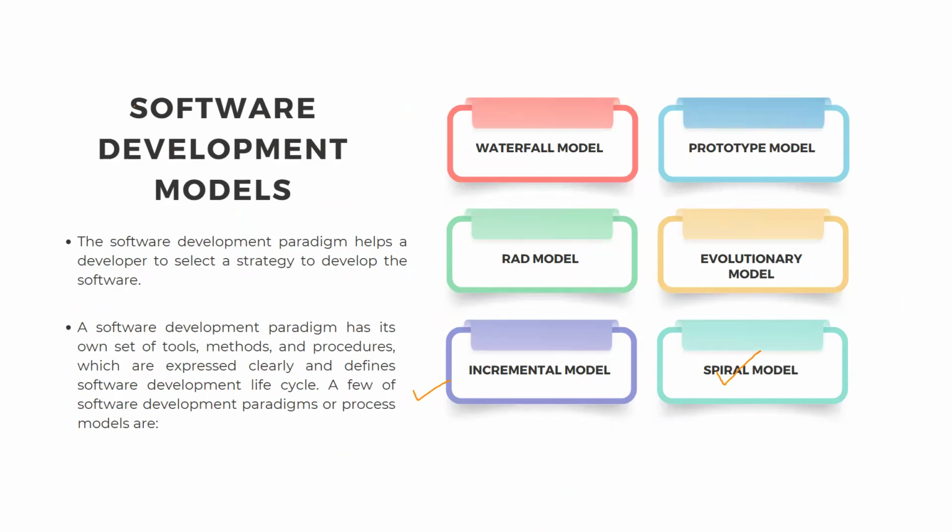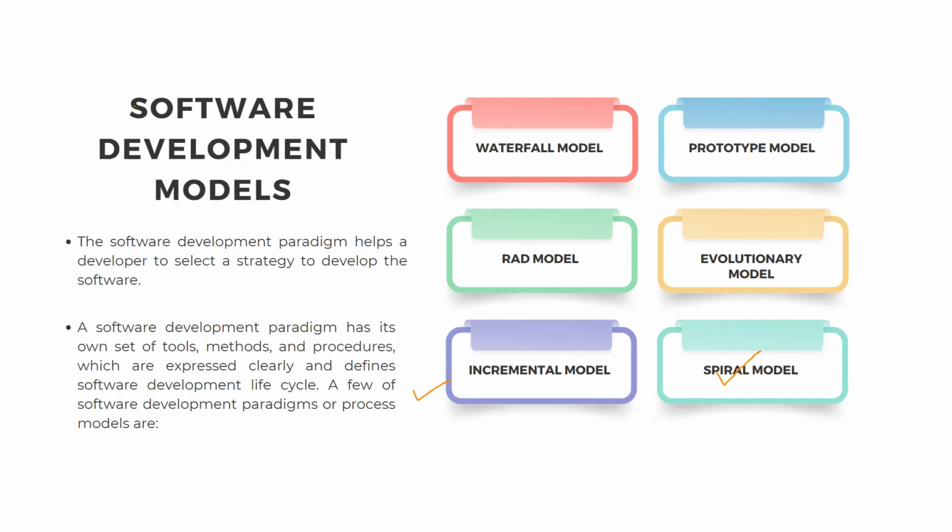So these are the six models that we are going to discuss in this module. We have the waterfall model, the prototype model, the rapid action development model, the evolutionary model, the incremental model, and the spiral model. These are the six models in general. There are other models too, but we will be focusing on these six.